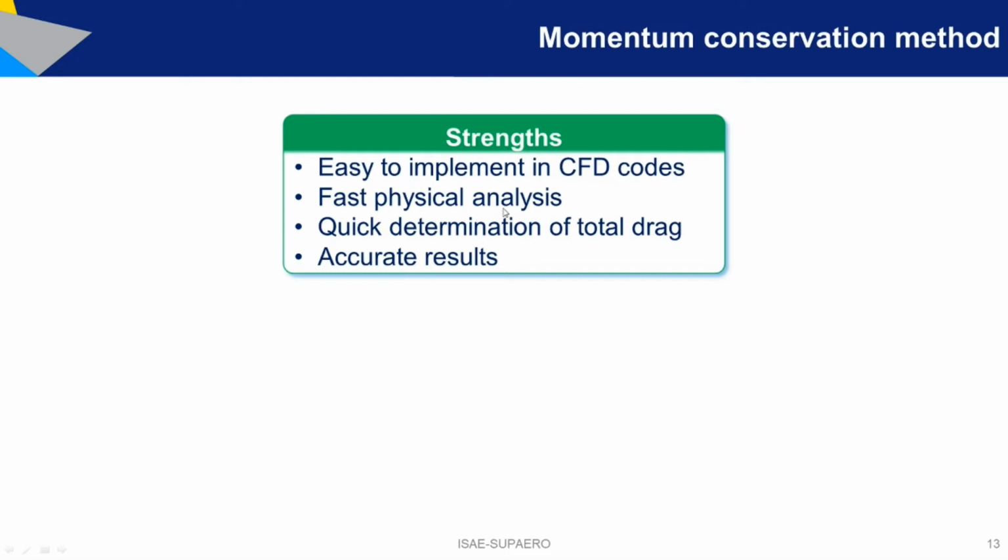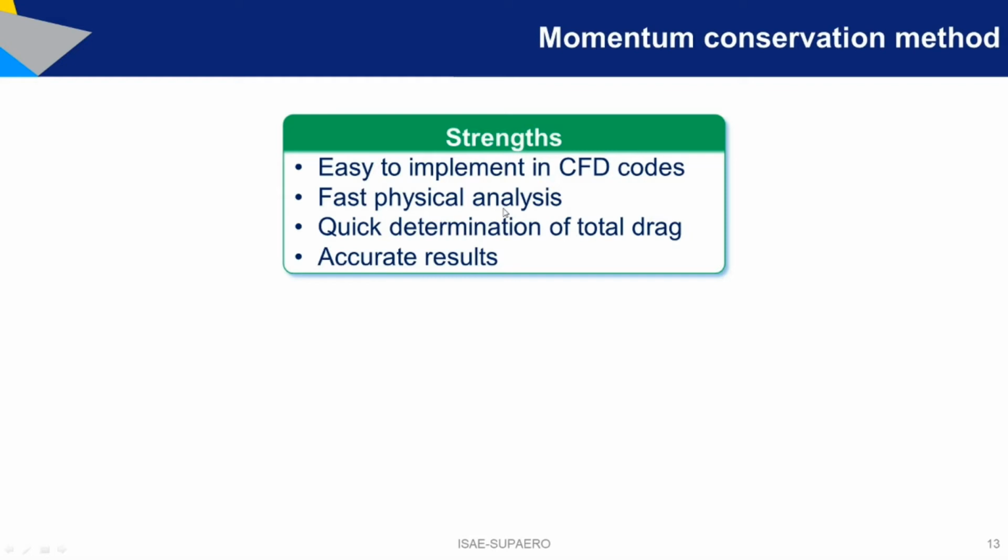Then it will provide you a fast physical analysis. Well, it's not that detailed, as I mentioned before. There are some drawbacks, but at least you can start figuring out what's happening from a physics point of view. That's good as an entry level. We'll go further beyond with other methods.